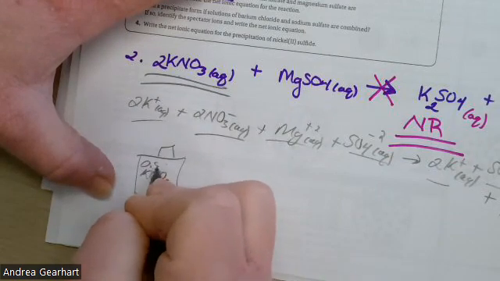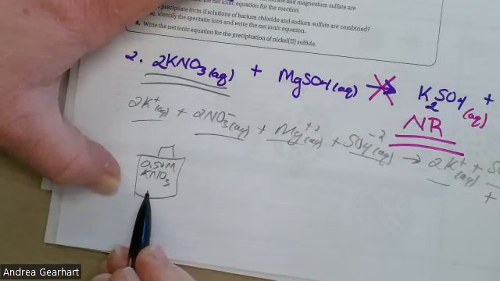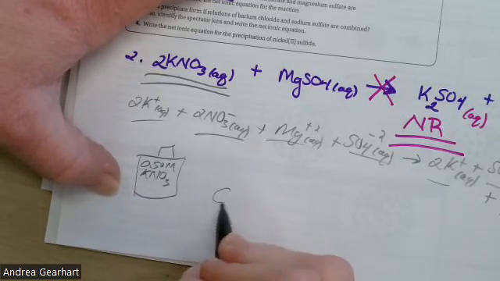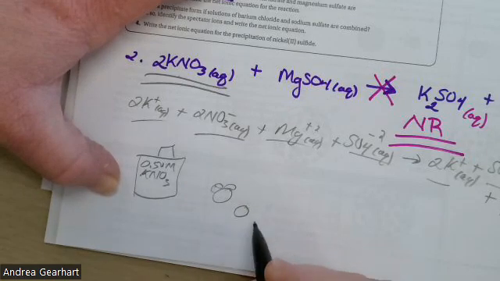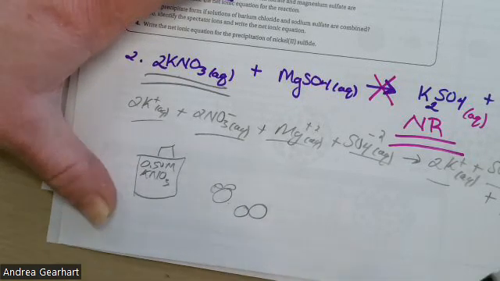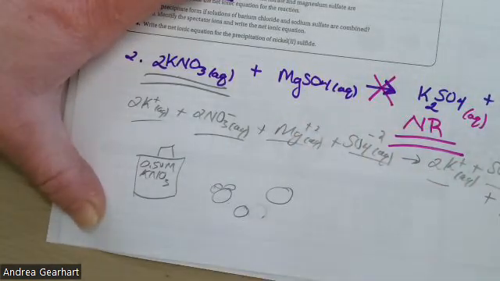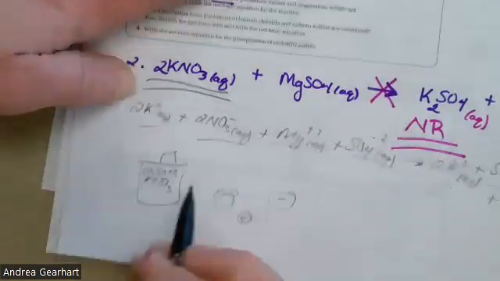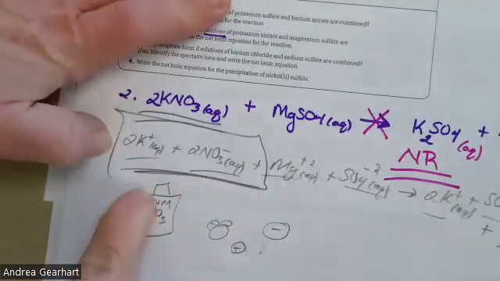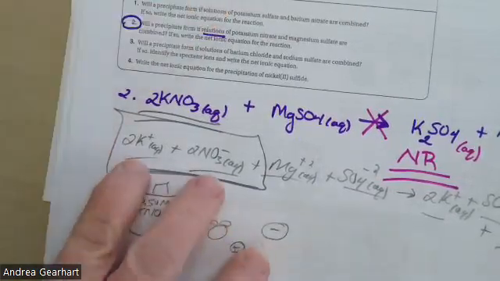So maybe it's 0.50 molar. But what we have to understand is this is not water with a bunch of potassium nitrates. It's water with dissociated ions. That's why this is a better expression, because that's what we really have.